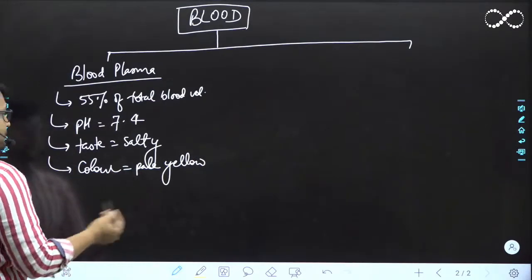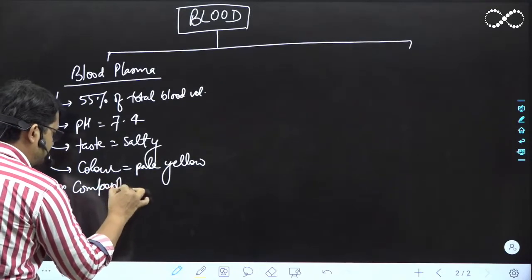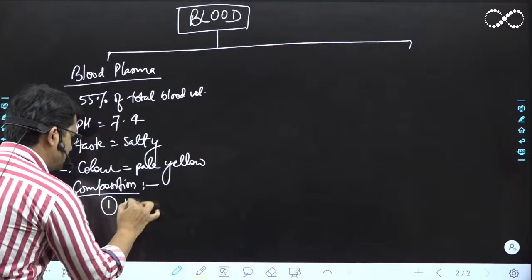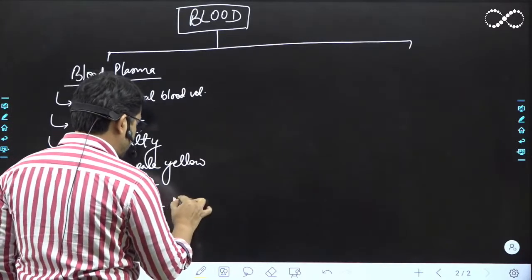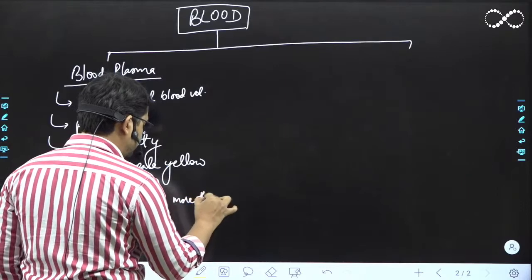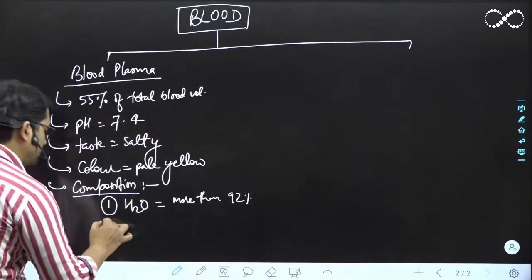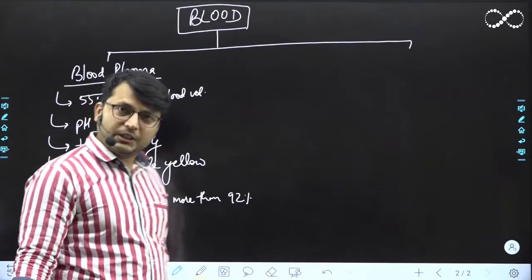Great. When we are talking about composition, किसका बना हुआ है ये? If we are talking of composition, it is made up of water. How much? More than 92%. Then what is remaining, around 8%?